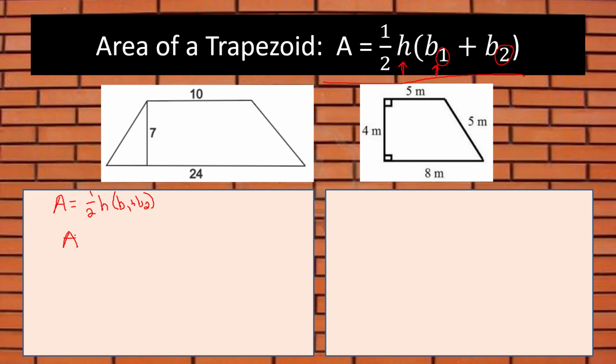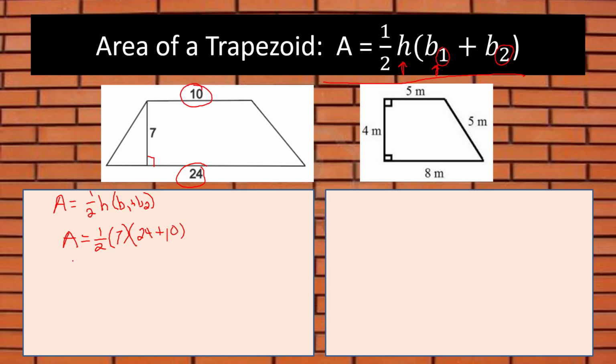So area is equal to 1/2 times the height. Well, again, we've got an altitude that's not marked. It should be. So I'm going to go ahead and mark it there. 1/2 of the height, which is 7, times the base 1, which is one of my bases, plus the base 2, which is my other base.